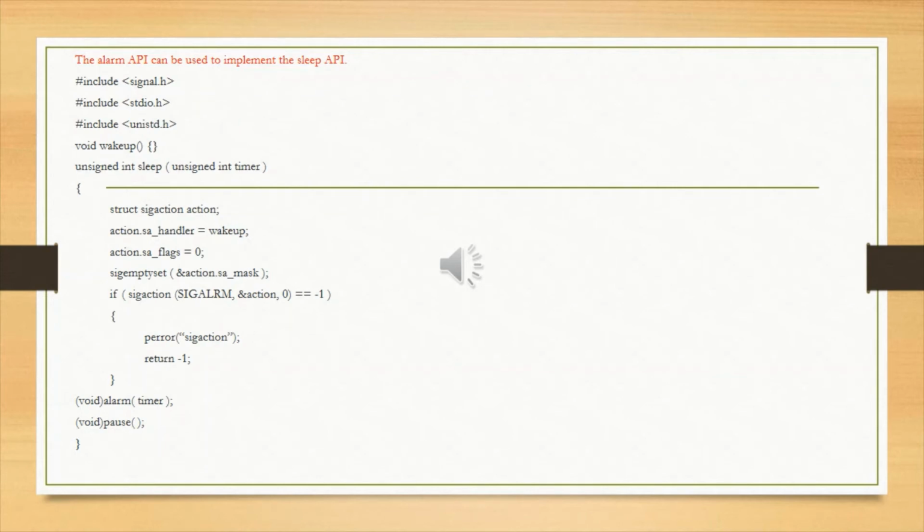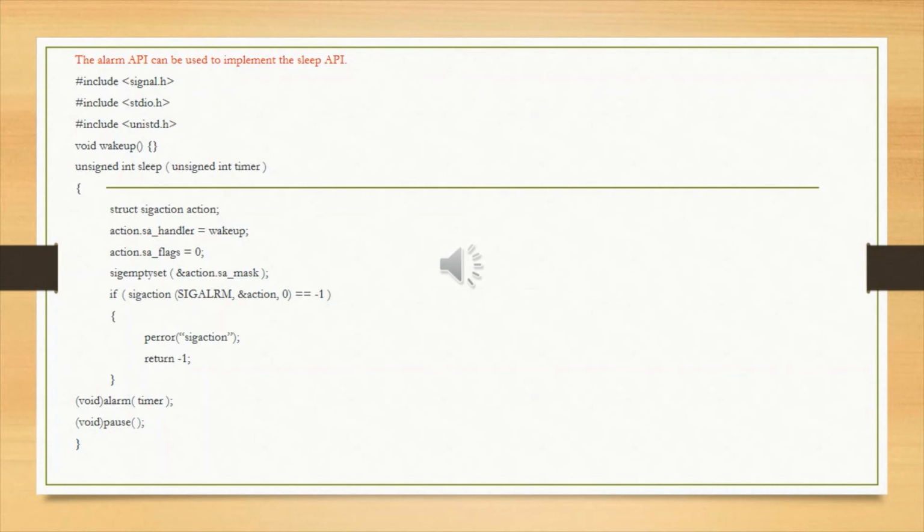The wakeup signal handler function is called when the SIGALRM signal is sent to the process. When it returns, the pause system call is aborted and the calling process returns from the sleep function.